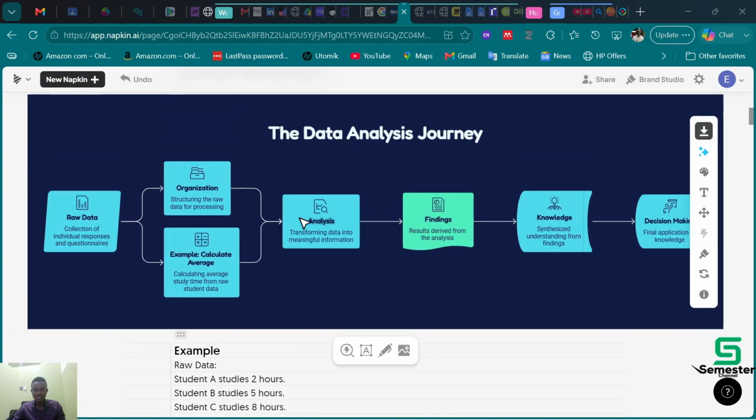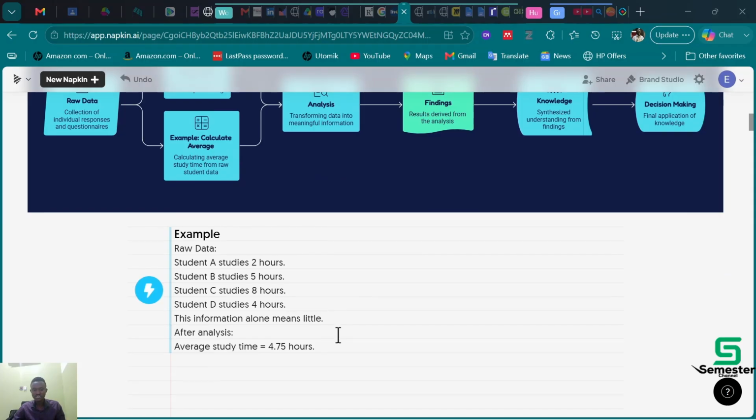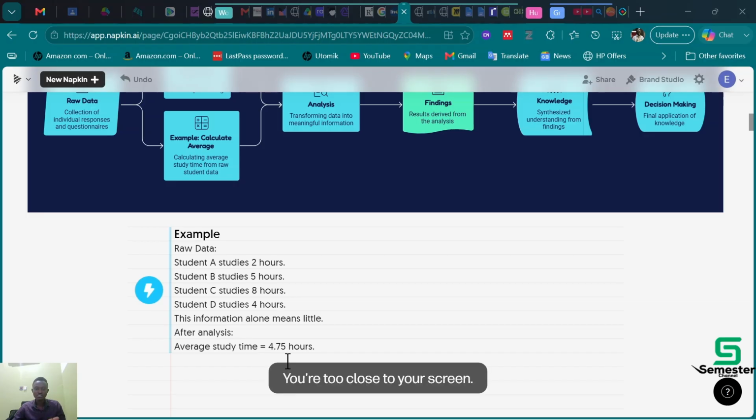So an example of raw data: student D studies for 4 hours, student C studies for 8 hours. The information alone means little, right? But after you transform the raw data of them studying for particular hours, you can extrapolate some analysis where we have the average study time of all the students, which is 4.75 hours, and that actually gives you the knowledge of how averagely these students study.